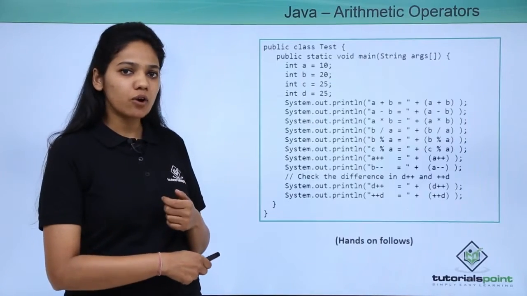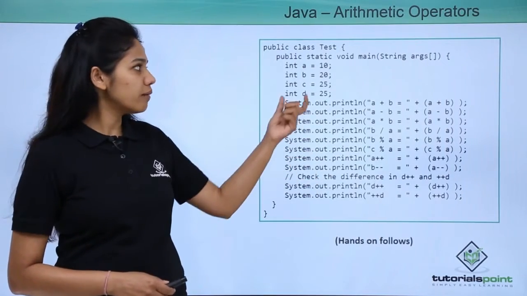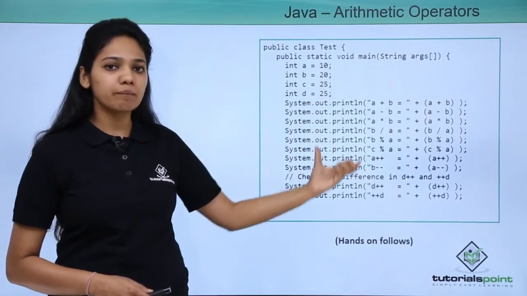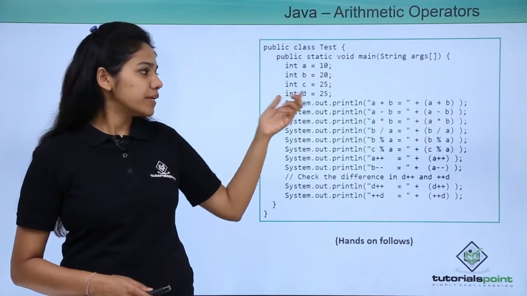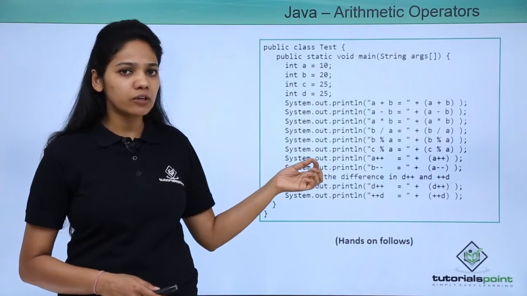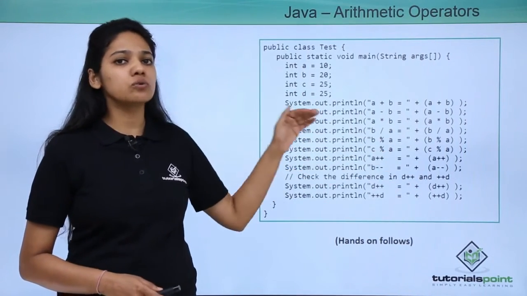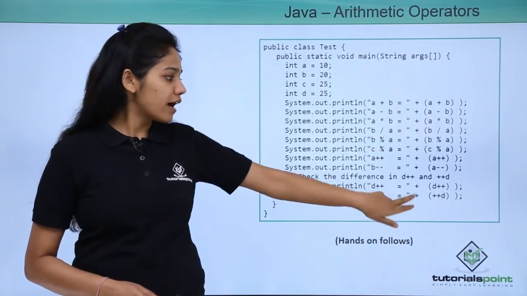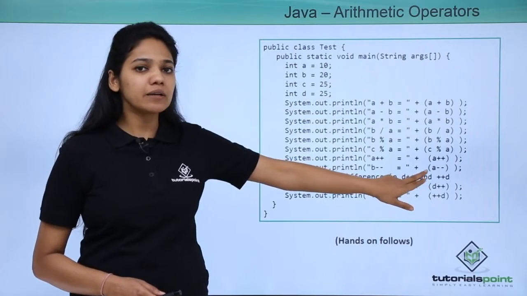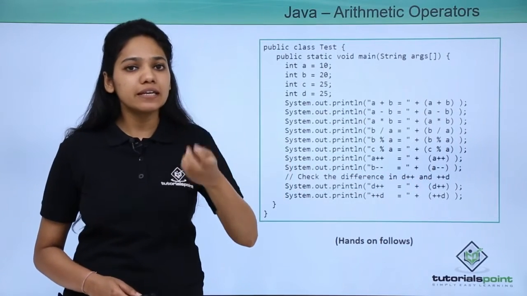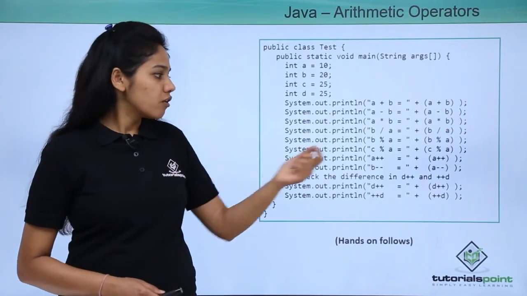Using these arithmetic operators, we have created a program called class test, and in the main method we have created variables A, B, C and D which hold certain values. Each operator is used here to explain in detail. We have taken post-increment and post-decrement. Increment and decrement always increase or decrease the value of the variable by 1.